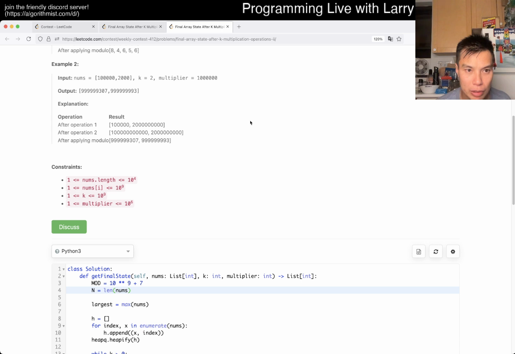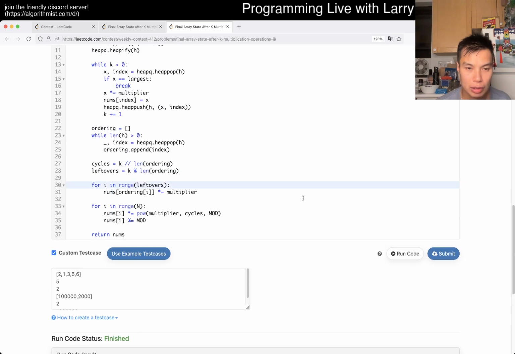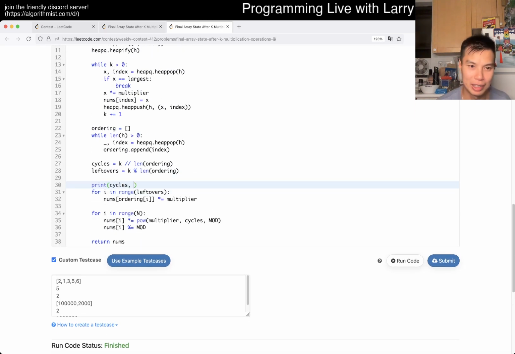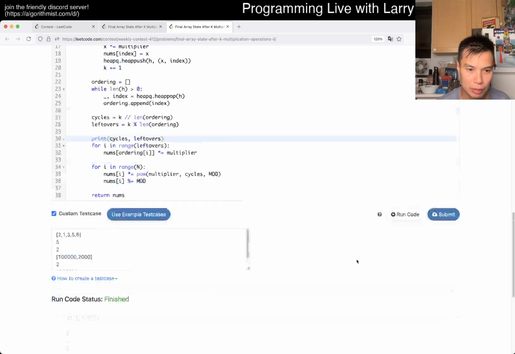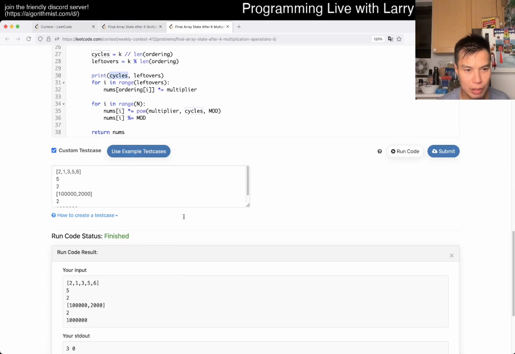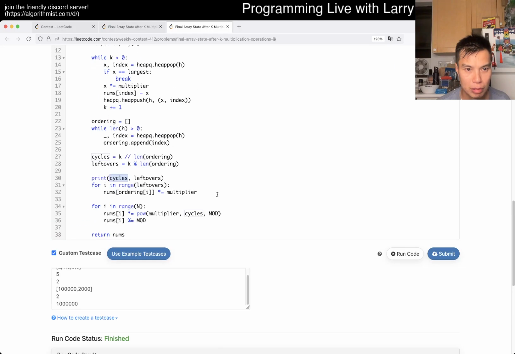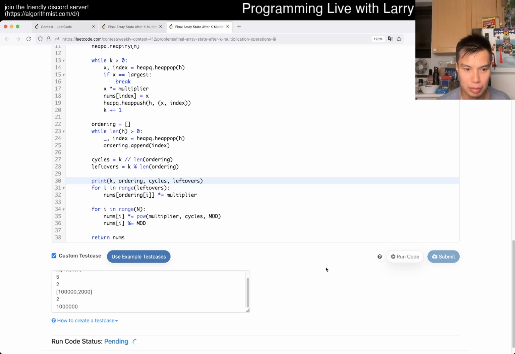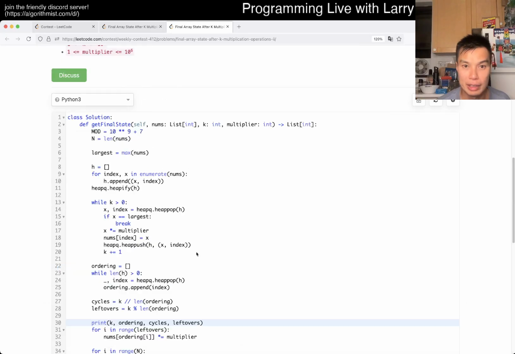K is equal to 2. So, okay. I mean, I guess I ran out of time because I spent a little bit too long on Q3 or Q4 rather. Okay, so 3 cycles is pretty wrong. Because K is 2, oh no, K is 10,000.